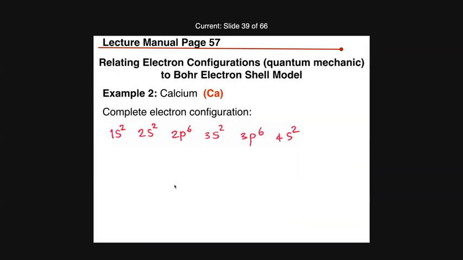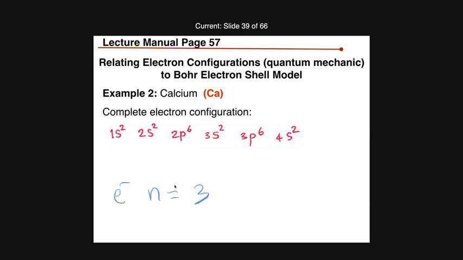Now we are going to relate the number of electrons and the quantum mechanics for the orbitals to the Bohr electron shell model. Think about this, a question that you might see on the exam. I might ask you, how many electrons are in n equal to 3?